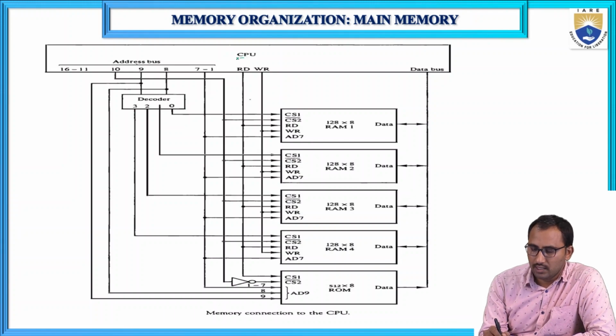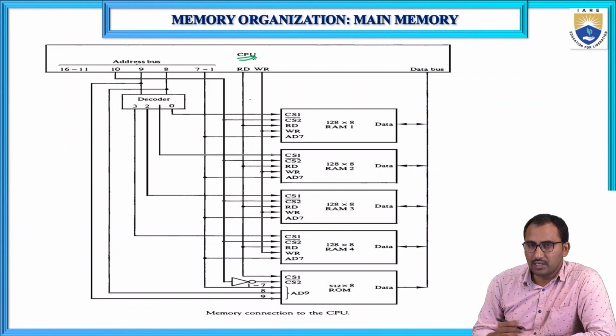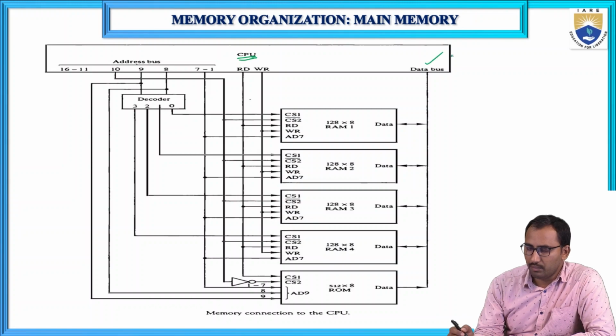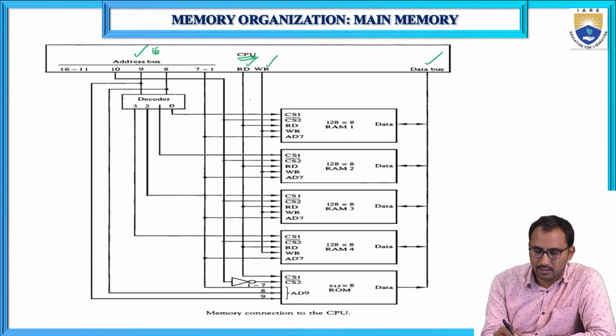So this is a CPU. From the CPU we have a data bus, write signal, read signal, and an address bus. The size of the address bus is a 16-bit address bus.